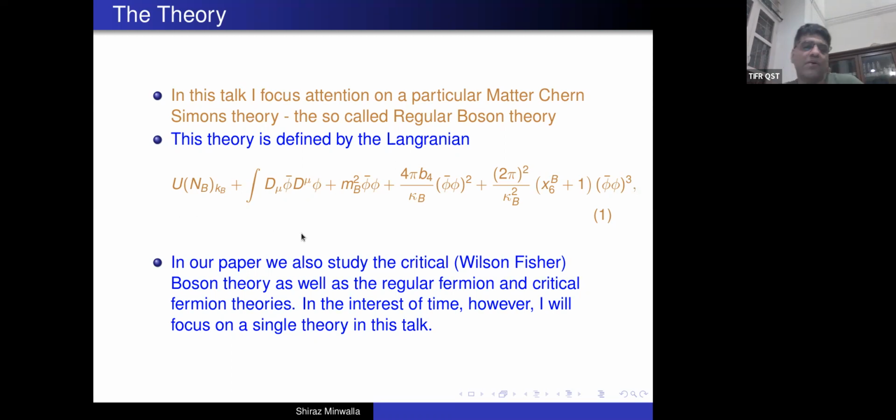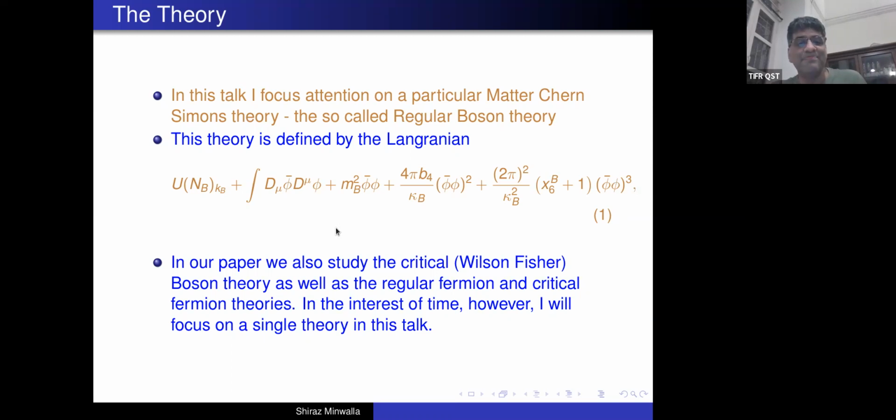Well, it's a theory of NB scalar fields. They have the usual kinetic term for scalars. There's a mass term, there's a phi to the 4 potential, and there's a phi to the 6 potential. All the terms in this Lagrangian preserve UN invariance.